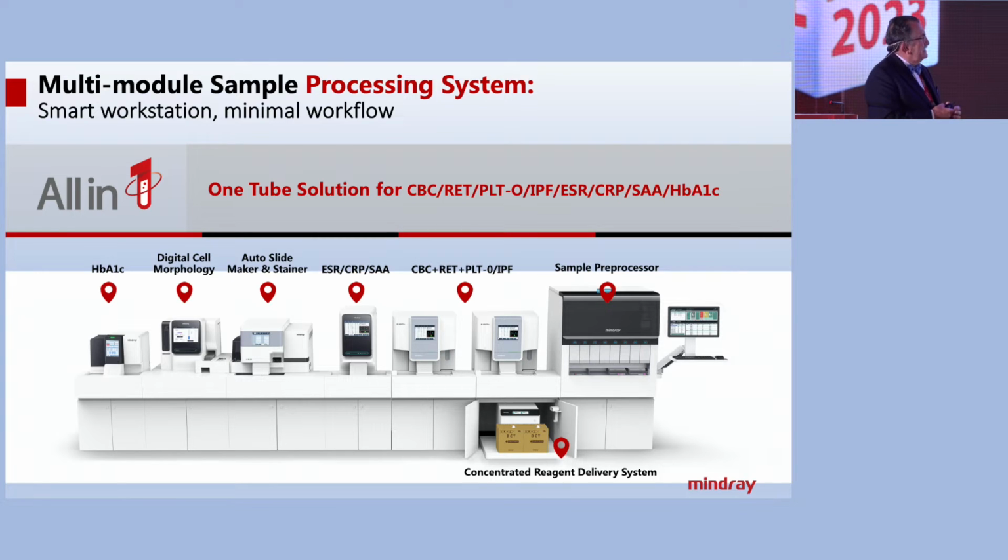The auto slide maker, the SC120, the digital cell morphology instrument that reads the smears and shows us high quality images, and last but not least, the hemoglobin A1c for diabetes diagnosis.